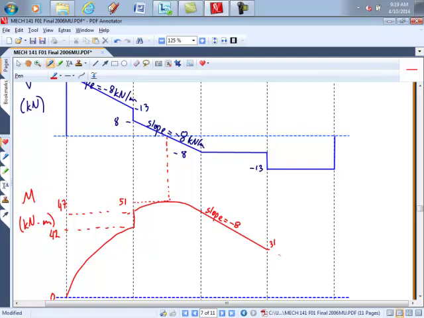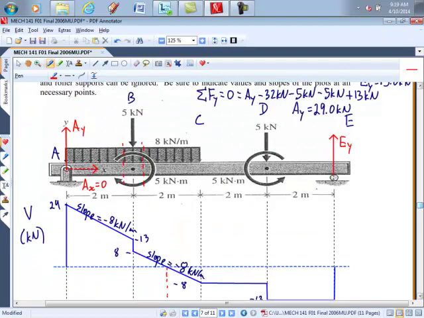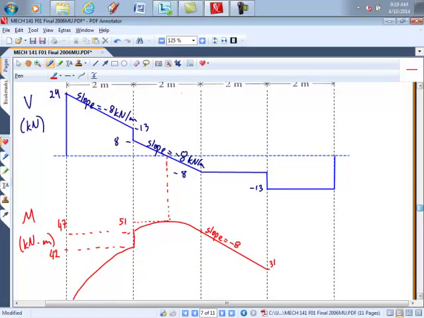What's going to happen at that point? What two things are going to happen at that point? It's going to drop because of the couple moment by 5, and the slope is going to decrease by 5 to -13. So we're going to have a drop: 31 minus 5 should be 26.